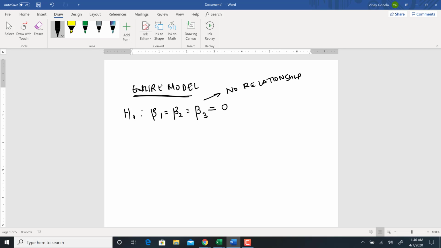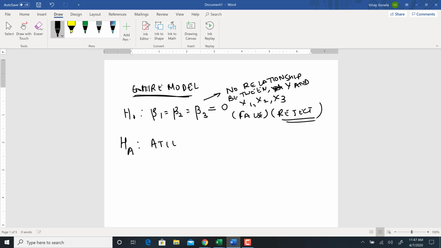If we don't have any relationship between y and any of the x's, then you are not able to predict. So this should be false, or we should be able to reject it. If we reject it, then our model is good. And our alternative would be that at least one coefficient is different from 0.